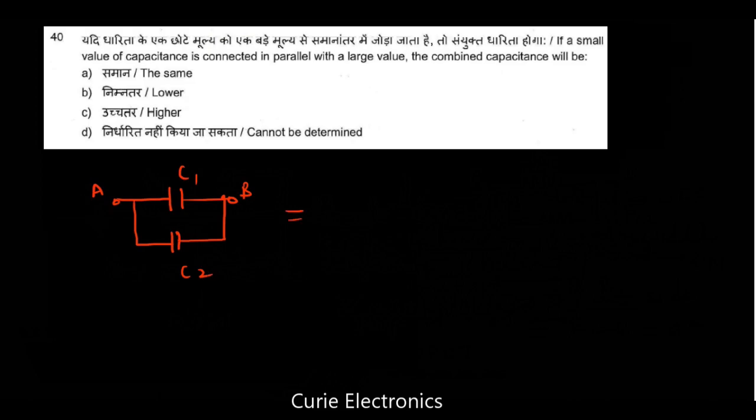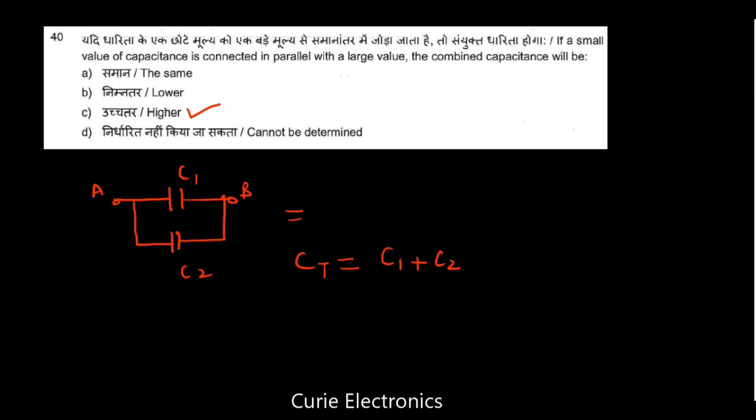What is the equivalent capacitance, CT, total capacitance? It equals C1 plus C2. So what happens, the value increases if you connect a small value capacitor in parallel with a large one. So CT equals C1 plus C2.